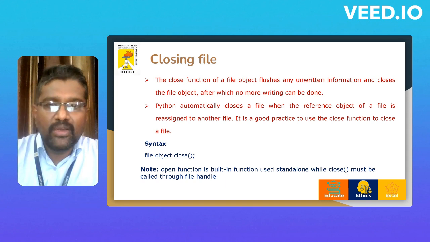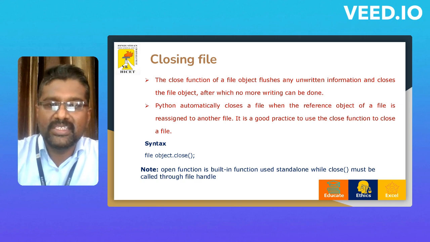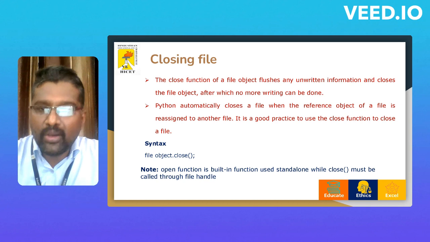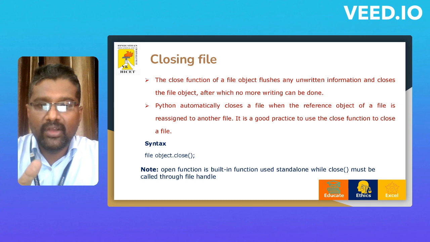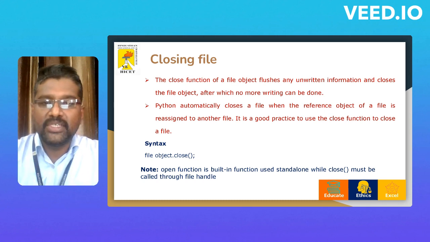Only the open function is a standalone function, which is used as file handler is equal to open. The remaining three functions, read, write, and close, are used with a file handler dot the method name, like file object dot close, file object dot read, file object dot write.